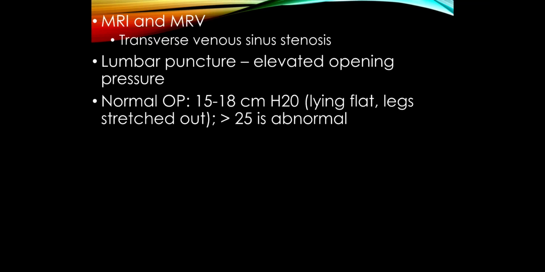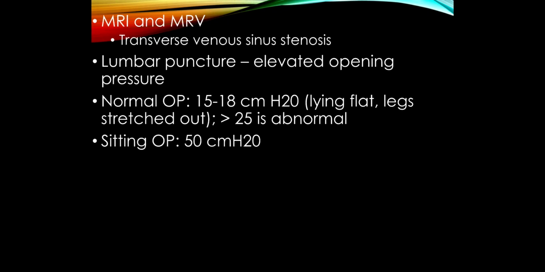So normal opening pressure when you do a lumbar puncture is 15 to 18. This can depend on the units, but at centimeters of water it's 15 to 18. And this is with the patient lying flat and the legs stretched out. So more than 25 is abnormal. Okay, now a lot of lumbar punctures are done with the patient sitting up.